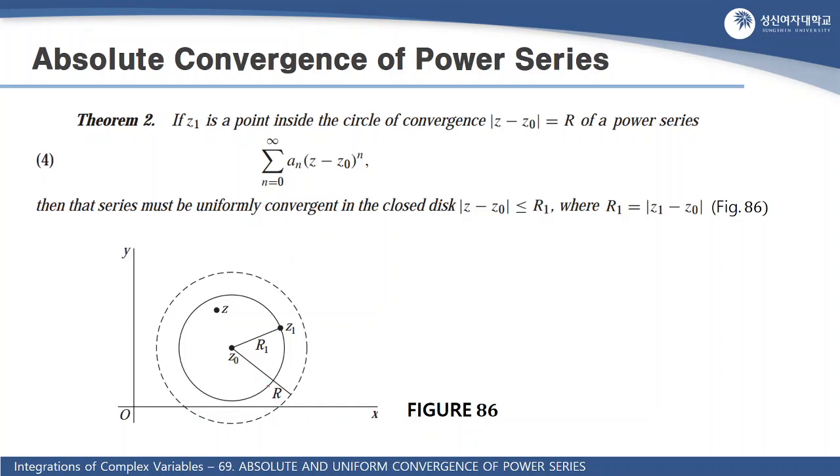And there's R, which is the radius of this circle, defined by the absolute value of z minus z0. Then this circle means the circle of convergence.